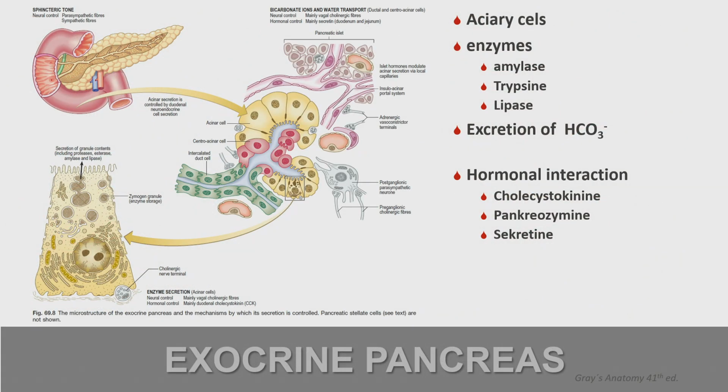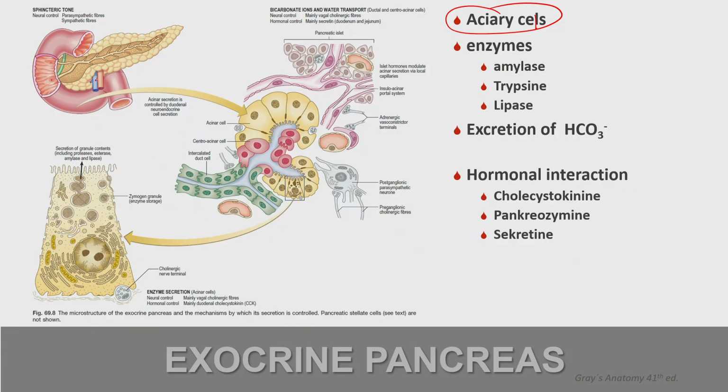So about the inner structure, the pancreas is a gland which has a part with exocrine tissue, and a second part which is endocrine. Exocrine: they are acinar cells, and those acinar cells produce enzymes, amylase, trypsin, and lipase.